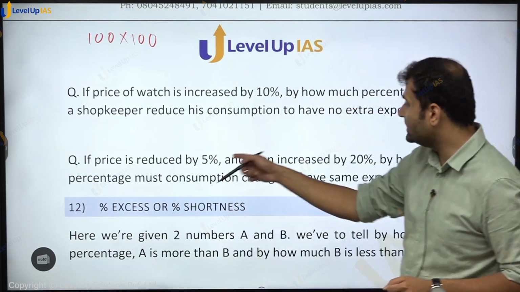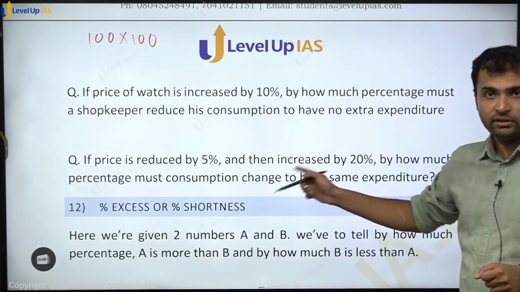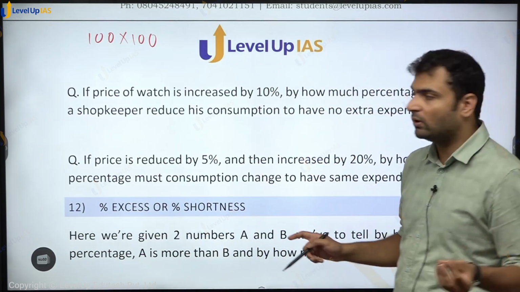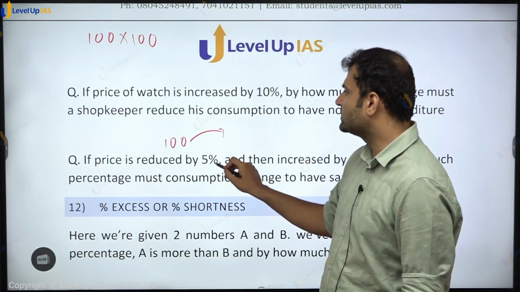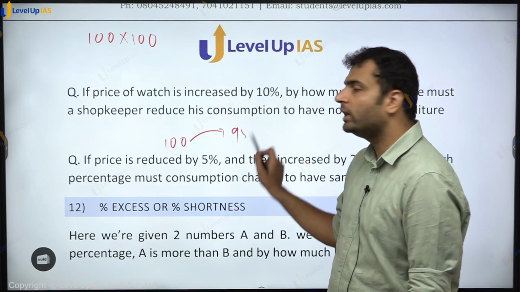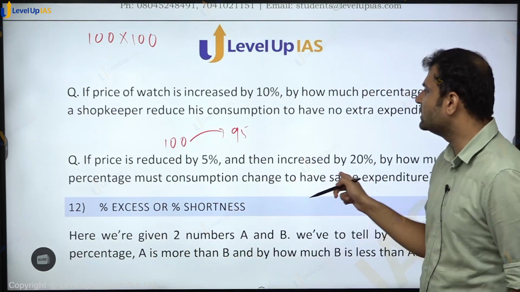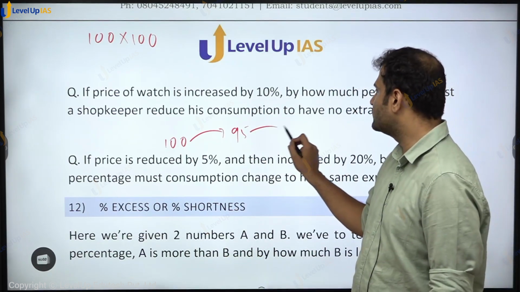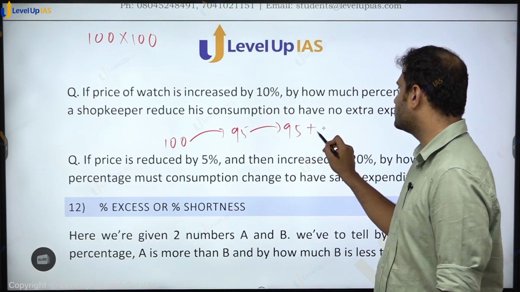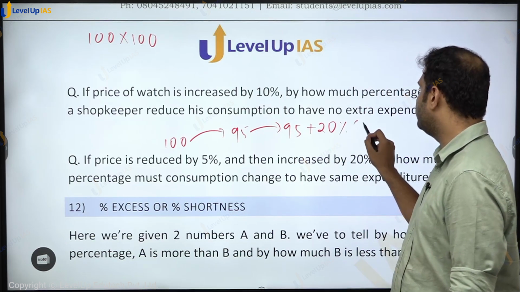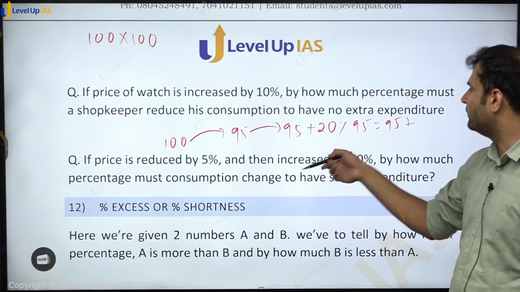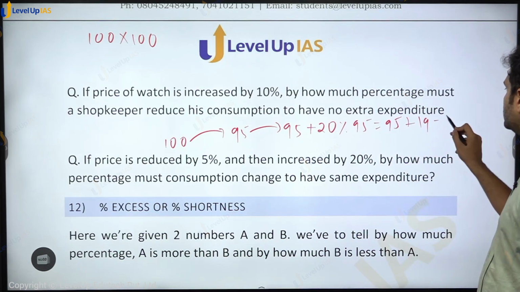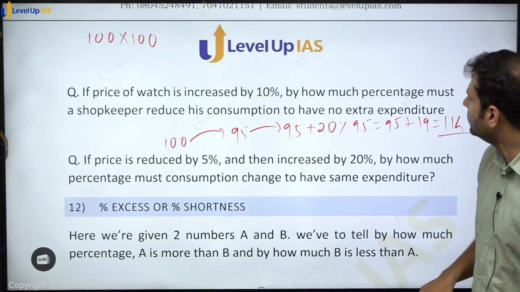Now the price is being increased in 2 steps. ठीक है, तो मतलब नेट चेंज पहले निकालना होगा प्राइस का. तो पहले प्राइस 100 से 5% इज रिड्यूस्ड, तो 95 हो गई, एंड देन इट इज इंक्रीज बाय 20%. तो 95 प्लस 20% of 95, 20% is 1/5. 1/5 of 95 is 19. It is 114.